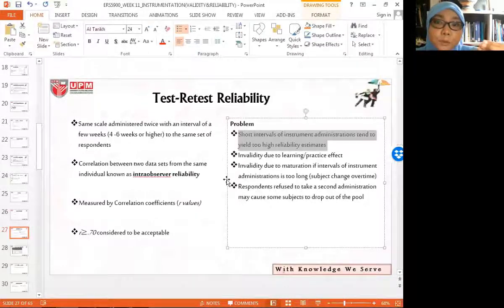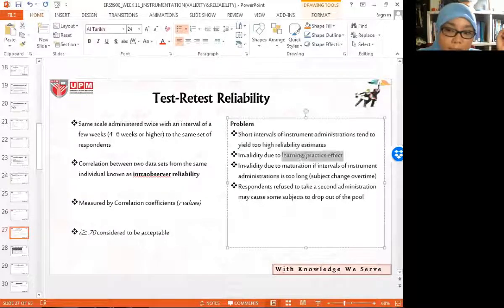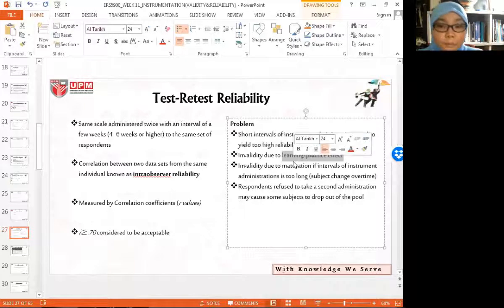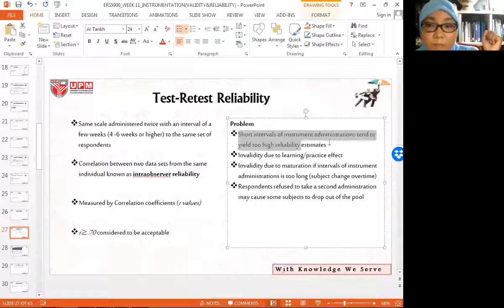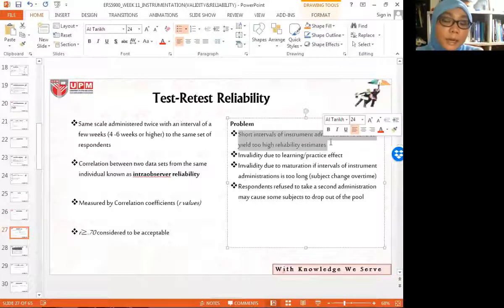Okay, there will be an issue that the respondent can already recall the question, the items. So she or he just recalls the answer based on the earlier answer that she chose. So invalidity happens due to learning or practice effect. Learning or practice effect, one of it can be positive. Positive meaning that if on the first attempt she or he answered thoroughly, then for the second attempt, she or he might answer correctly but also remember the answer from the first attempt.